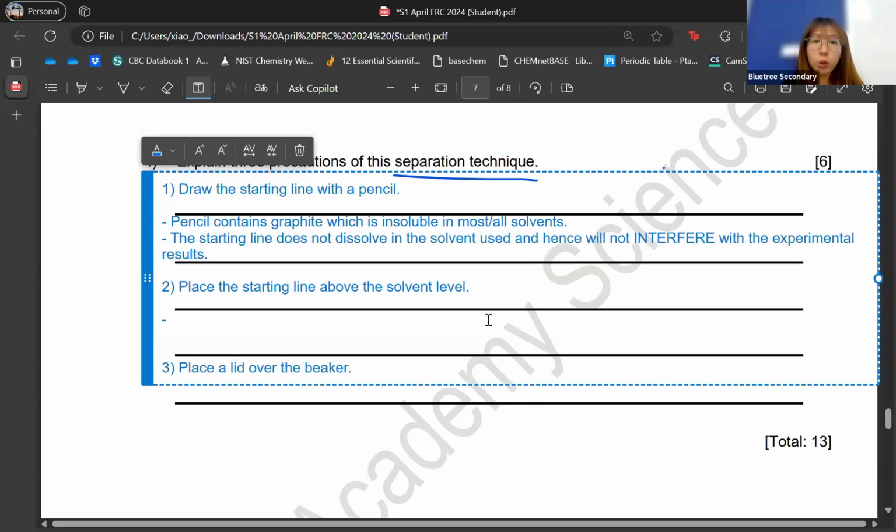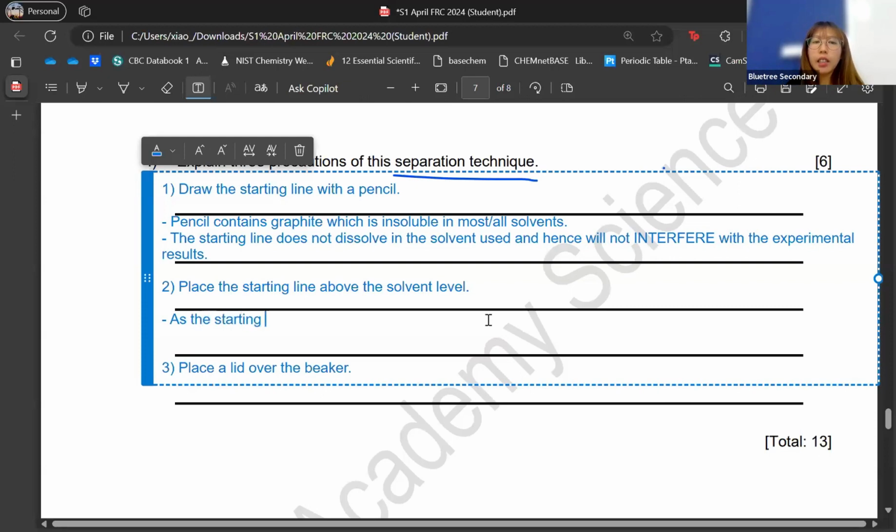Okay, going to number 2, what is the second precaution, the explanation? So the reason why we place the starting line above the solvent is, do not forget that your starting line contains the sample already. And also recall that your samples are all supposed to be soluble in the solvent that you use. So why do we place the starting line above the solvent level?